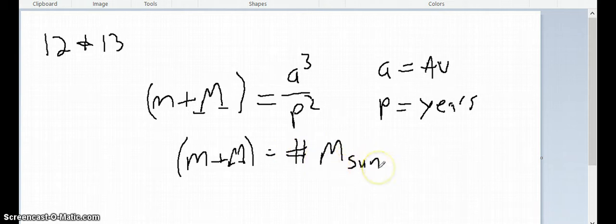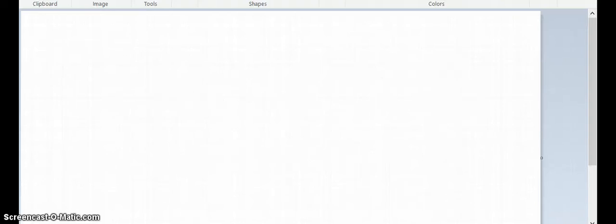And that's how you leave it, right? If the number is bigger than the mass of the sun, then the combined mass is greater than our sun, which is usually the case. And if it's less, it would be less than the mass of the sun. That is the combined mass of the two stars that are in a binary system.